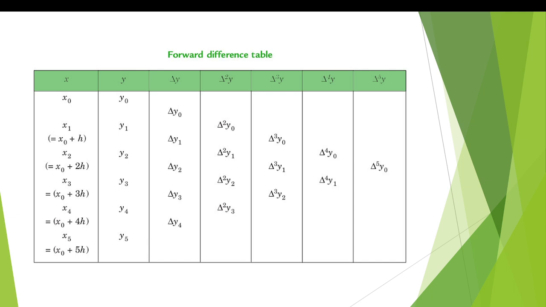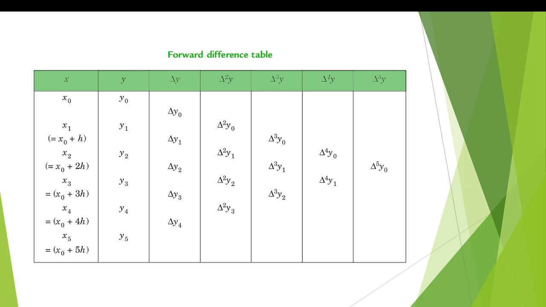These are the x values, and the second column is the corresponding y values: y0, y1, y2, y3, y4 and y5.